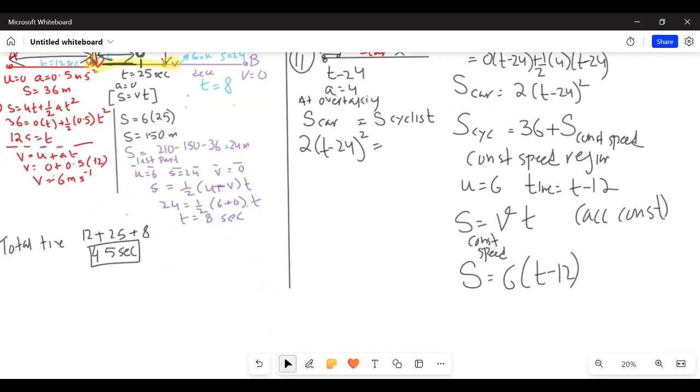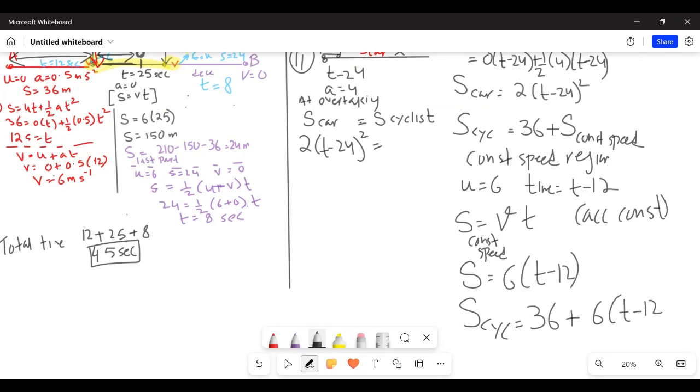So the distance covered by the cyclist is going to be 36 plus the distance covered in the constant speed region, which is this. So now equate it to 36 plus 6 times (T minus 12).